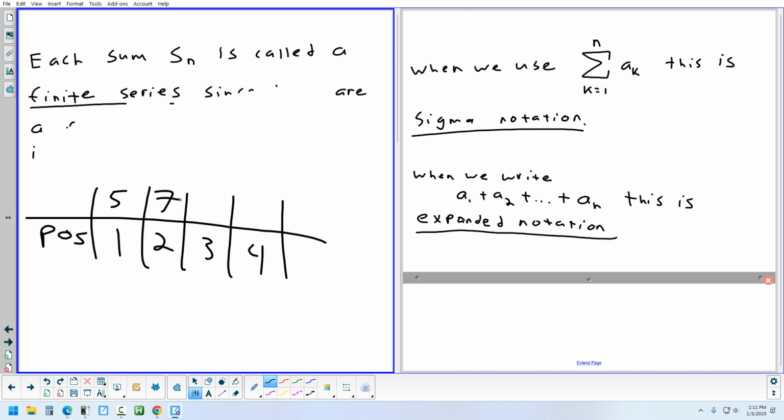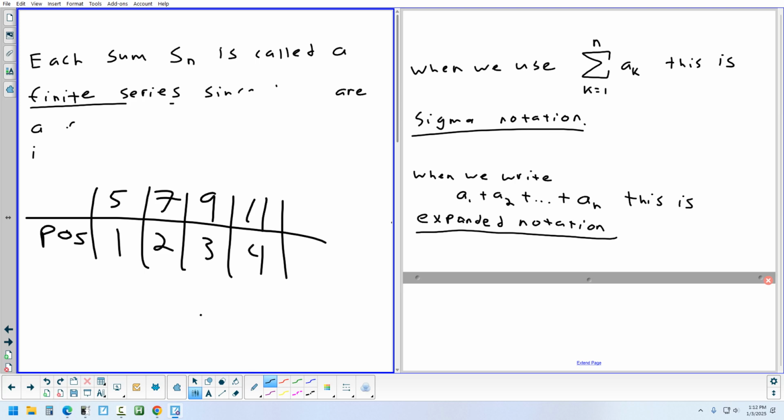This one is 9. And this one is 11. I want to add up every number in this pattern up to the 10th position. From the first number to the 10th. I don't have them all written out yet. That's fine. I just want to represent adding them all up.